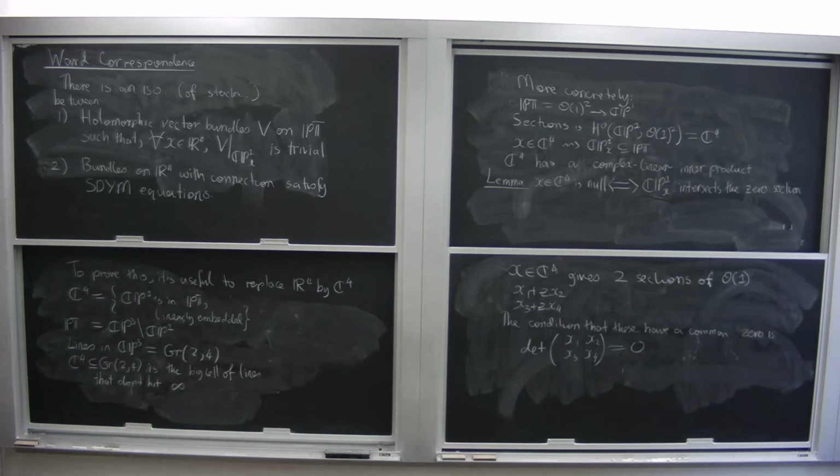Okay. So, example. In the case of rank 1, we're saying H1 of PT, O is solutions of self-dual Yang-Mills in the abelian case.